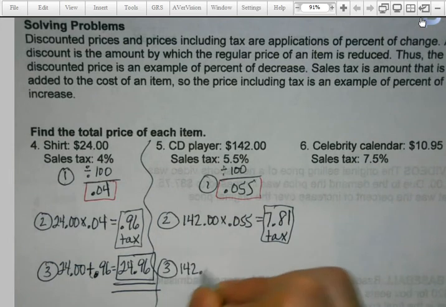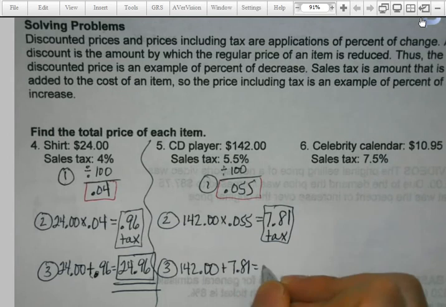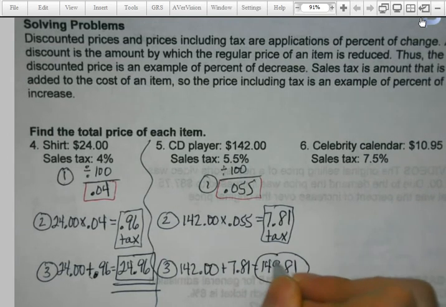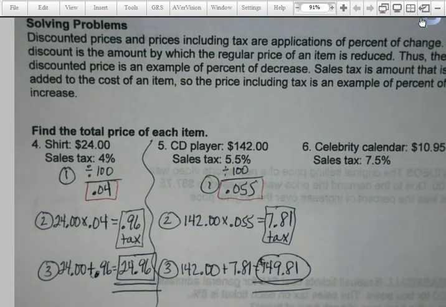And my last step is to add that number to my original price. And I'll have my final answer. So turn the sales tax into a decimal, multiply it times the price to find the tax, and then add it to the value of my item, and that'll give me the final amount that it would cost me when I go to check out.